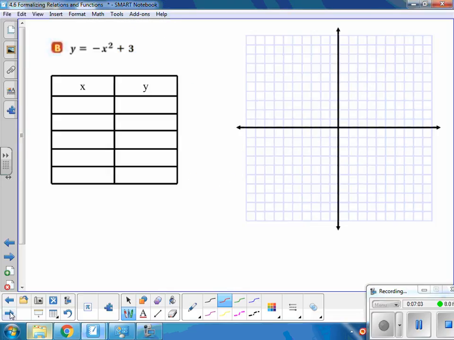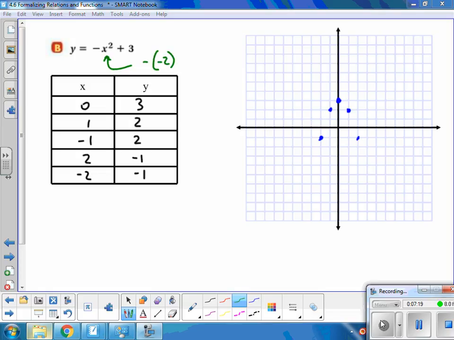Okay, I'm going to go ahead and press pause and work this one out so you can take a look at these. Okay, as I plotted these out, keep in mind, this guy right here, I had to be really sensitive to that one. For instance, when I plugged in -2, this is the negative of -2 squared plus 3. So that's -2 times -2, which is going to be 4.